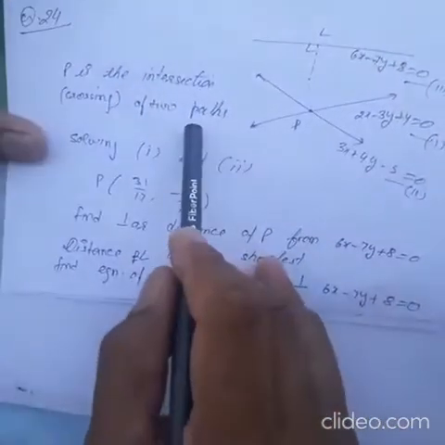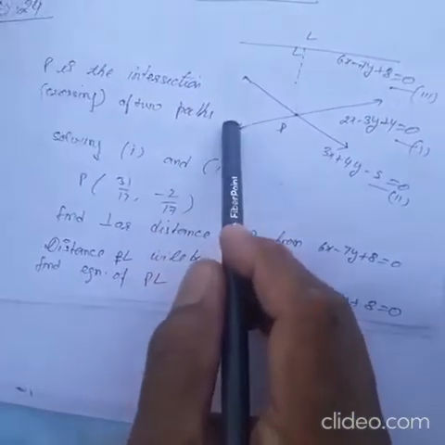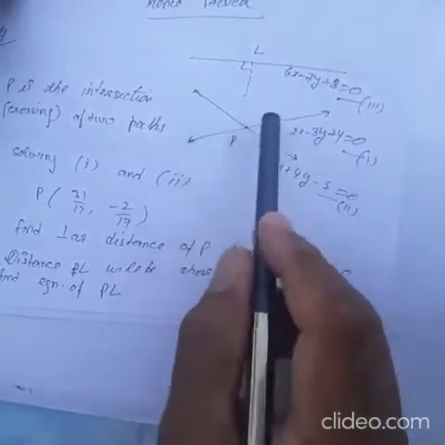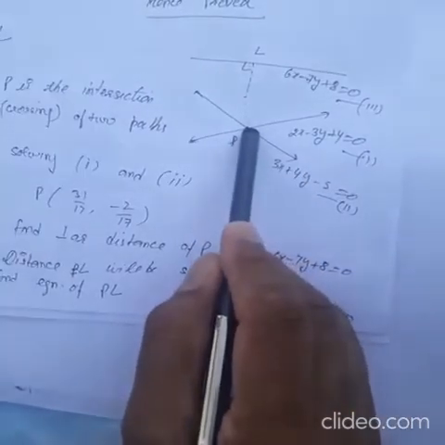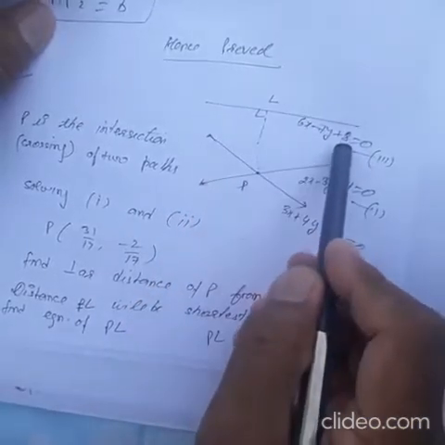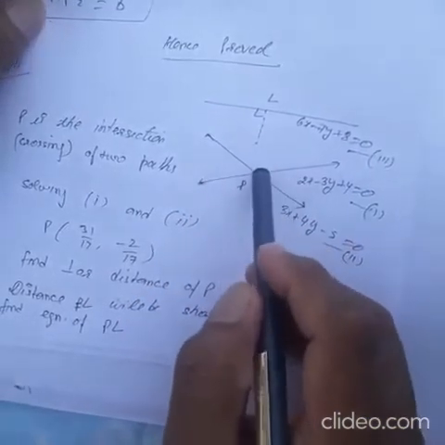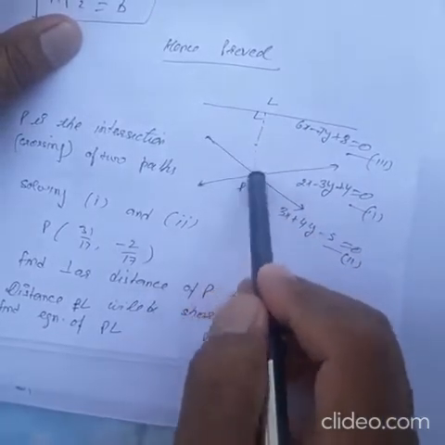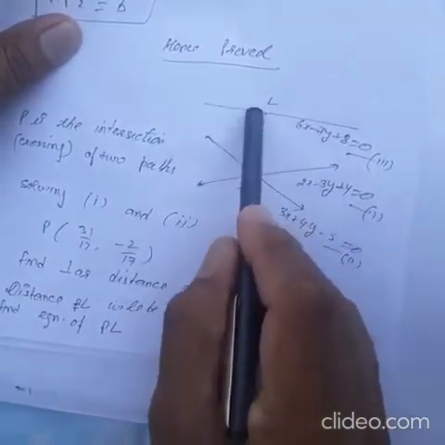On to question number 24. You read this statement. Here, two crossroads intersect at point P. There is a third road whose equation is given to us, and we want to find the shortest distance between their point of intersection and this third road.